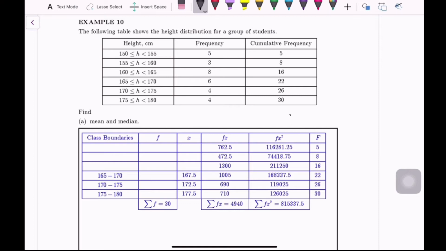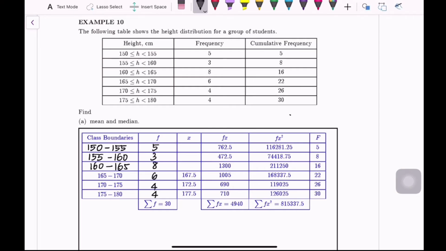The class boundary is 150 to 155, 155 to 160, 160 and 165, and so on. Then we write the frequency: 5, 3, 8, 6, 4 and 4.